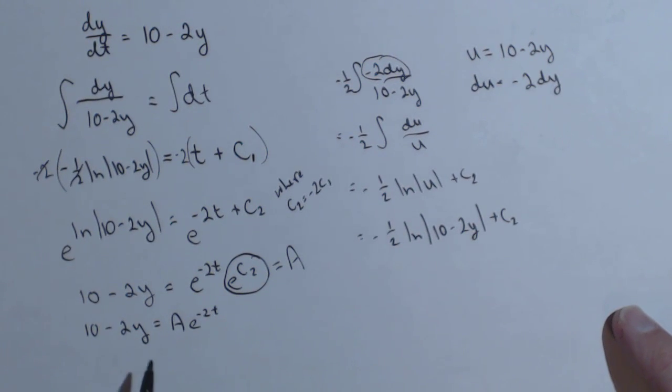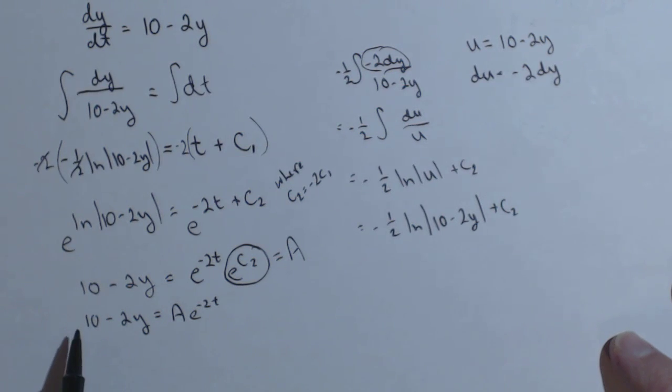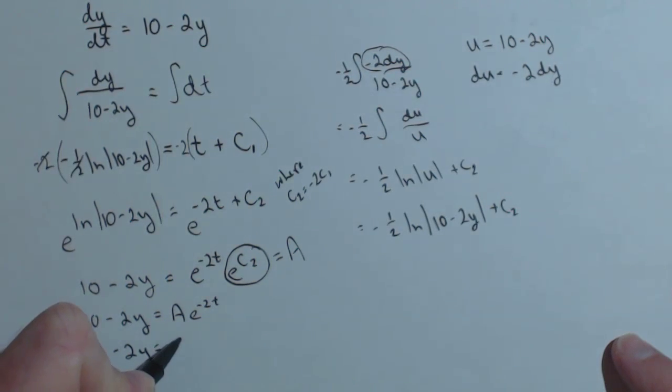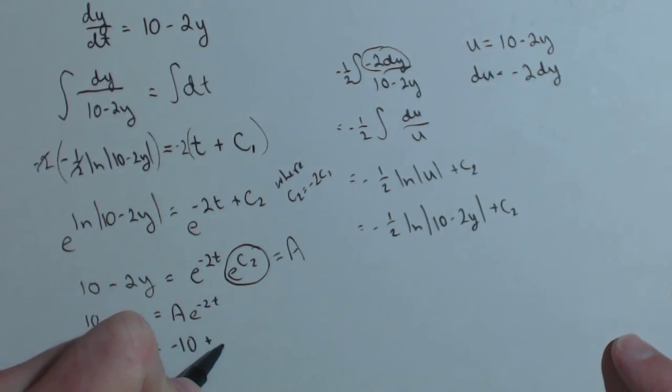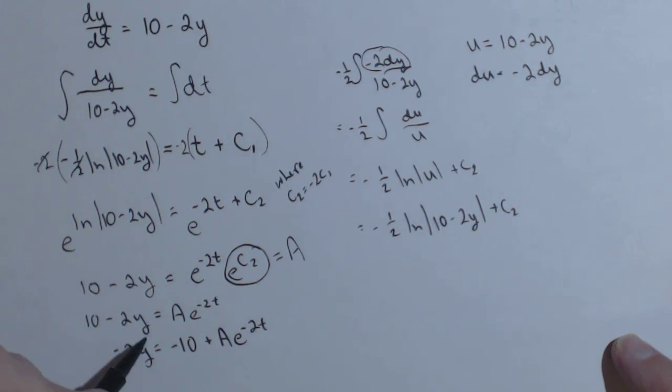And all I have to do now is solve for y. Just do whatever algebra I need to get y by itself. So I may go ahead and start by subtracting 10. So I have minus 2y equals negative 10 plus a e to the minus 2t. And finally, I'm going to divide everything by the negative 2.